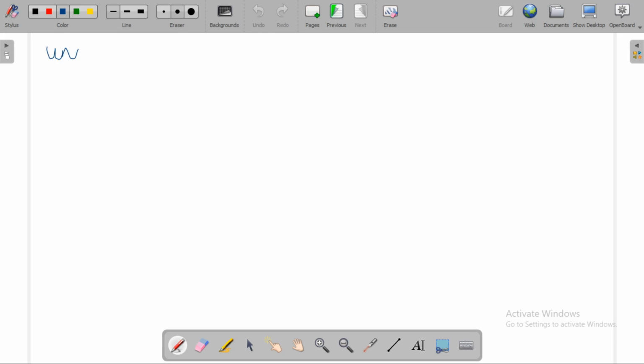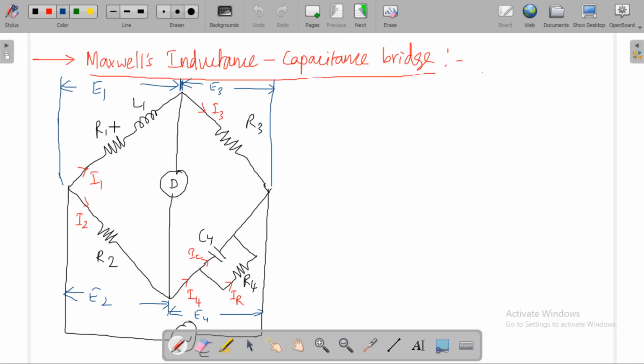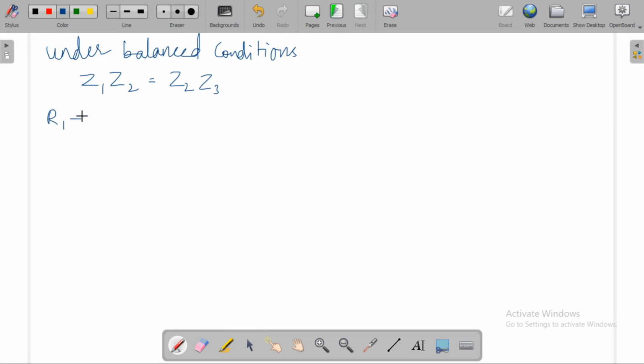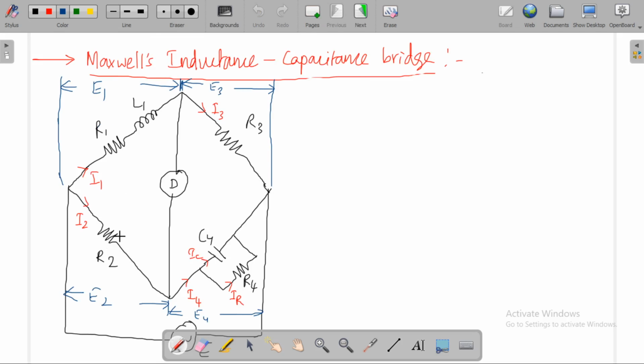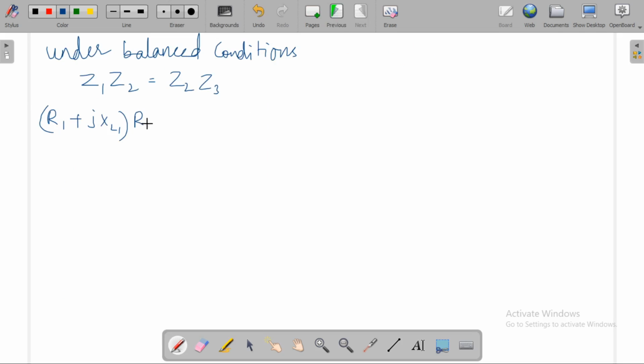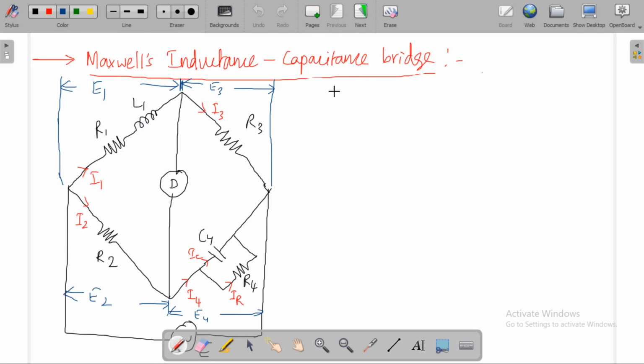What is Z1? Z1 is R1 plus j XL1. R1 plus j XL1 into Z4 is equal to Z2 Z3. Z2 is R2. Okay, what is Z4?